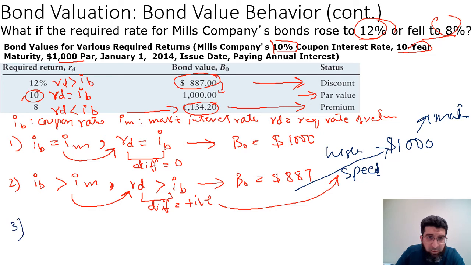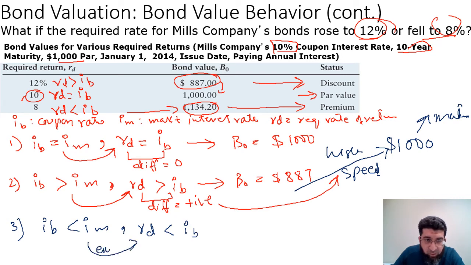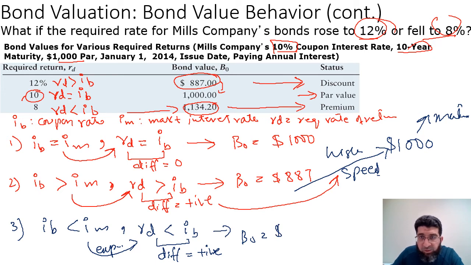Now the third is, if IB is less than the interest rate in the market, so the bond is offering a lower interest rate than the market. In this case, RD will be less than IB. Because the expectations are that the bond is offering less than the market, the required return will also be less than the interest rate. So this difference is negative. Now in order to absorb this negative difference, B naught will be offered at a premium, which is $1,134.20.